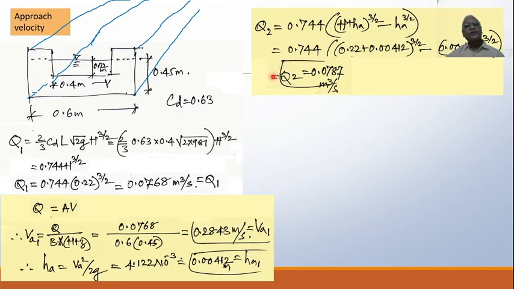Generally this is where we stop, but if you are asked to do the calculations for 2 iterations, we'll have to use this discharge as the discharge coming in, calculate a revised value of velocity, head, redo this calculation, and then see whether there is any improvement or whether it has terminated.